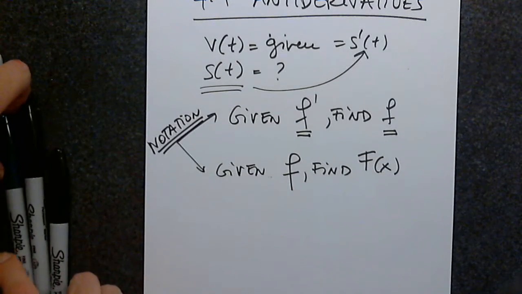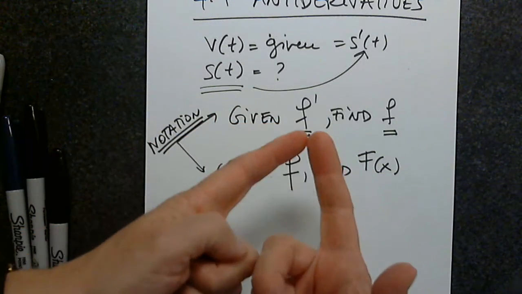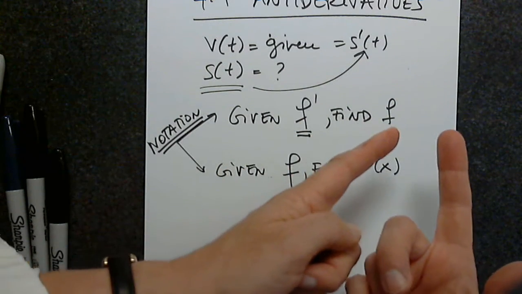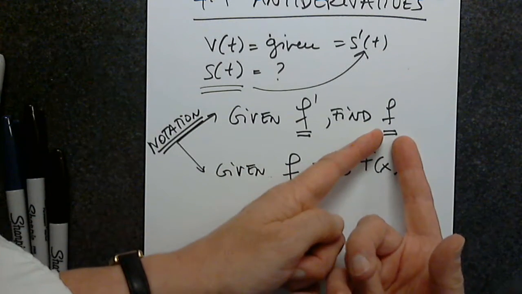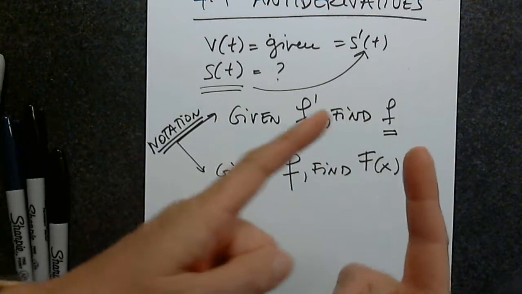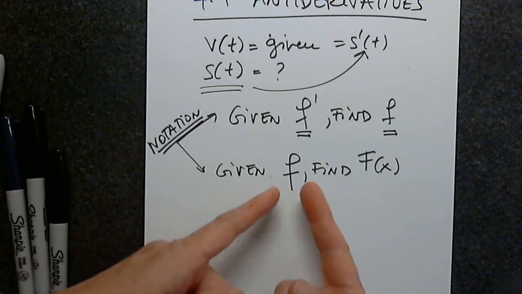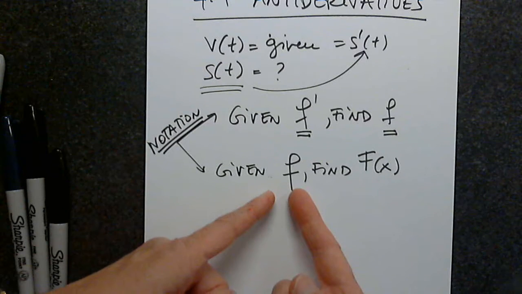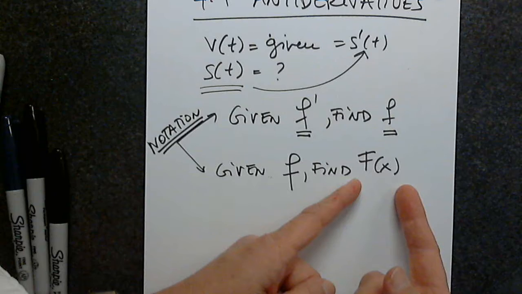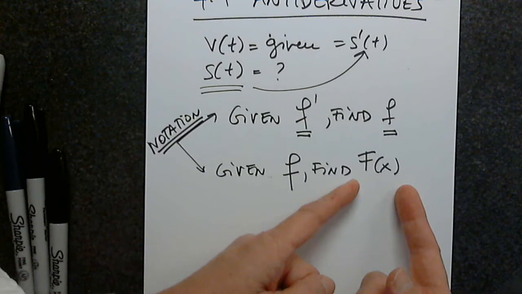It's important. So if the function that I'm given is denoted by f prime, and I want to go backwards and find the function whose derivative is this, I have to denote it by lowercase f. If I'm given a function f and I'm asked to find its antiderivative, then I have to denote it by uppercase F. Okay?